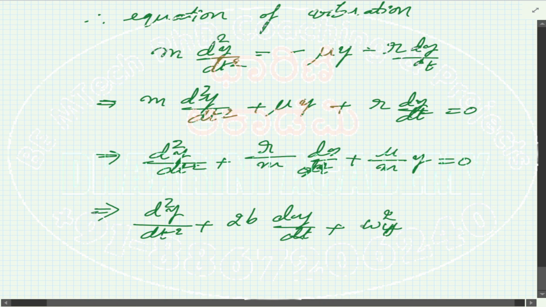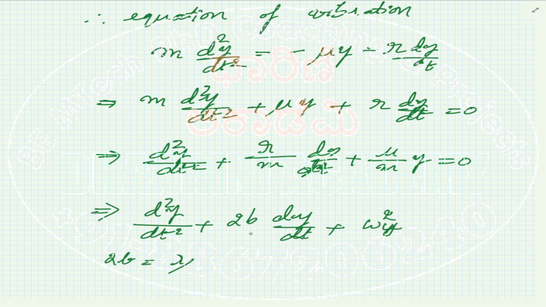Okay, so that's how we get this. Now 2b is nothing but r by m.